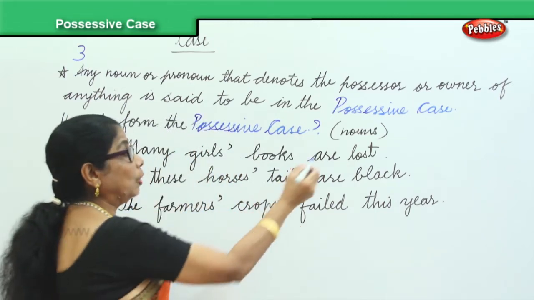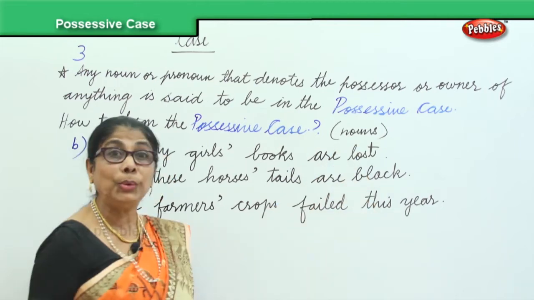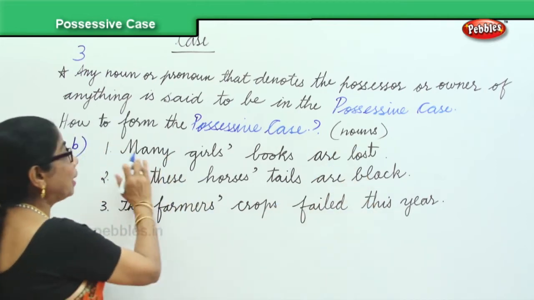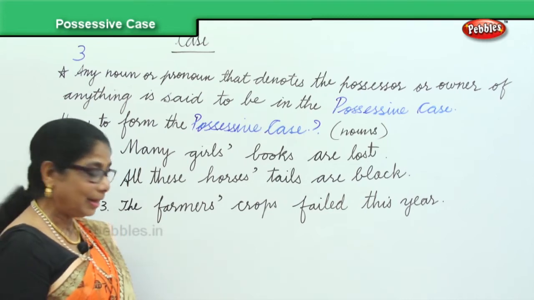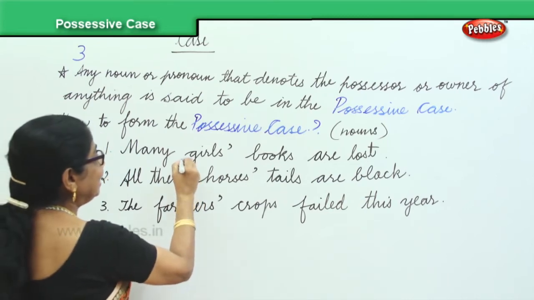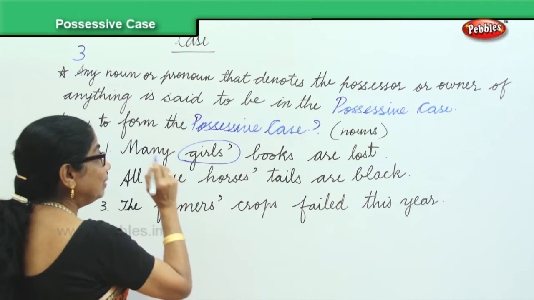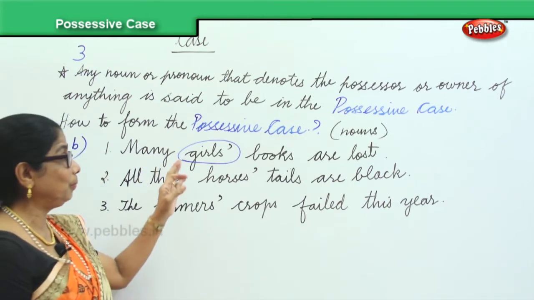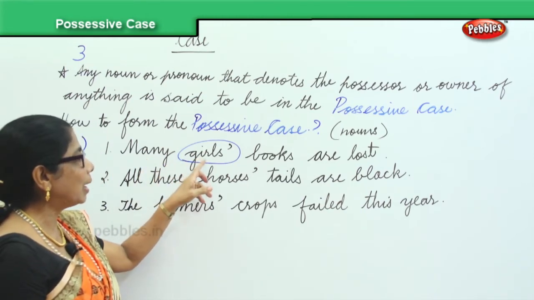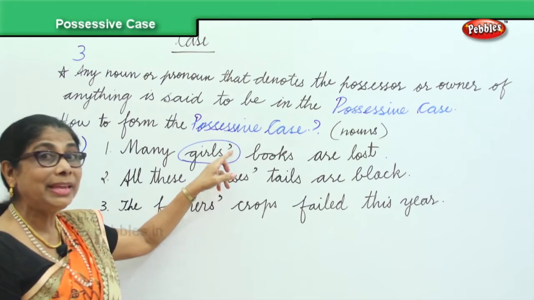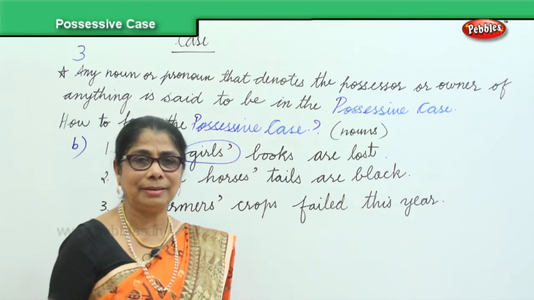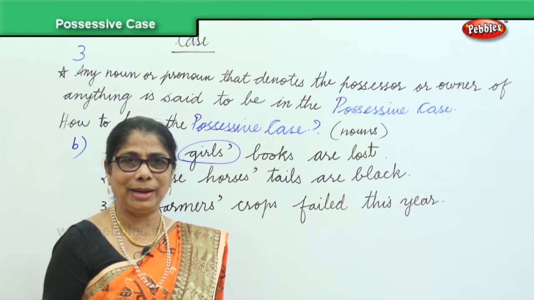And here you have plural nouns. In this, you have many girls. There is more than one noun. It's plural. So you write the apostrophe after the noun, the plural noun.